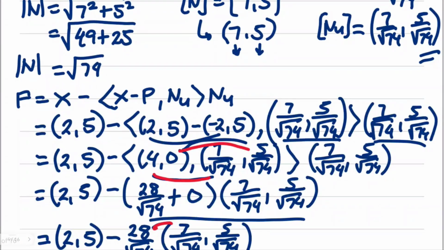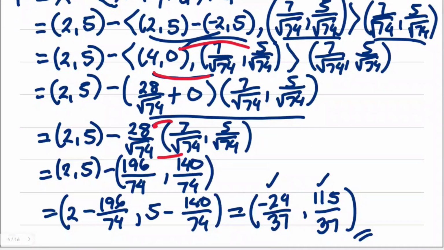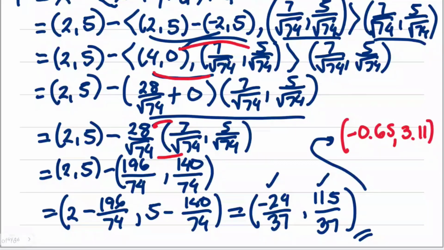By the way, if you would like to see the picture of that in decimal notation, negative 24 divided by 37 is approximately negative 0.65. And 115 divided by 37, you will actually get 3.11. Again, they are rounded off.